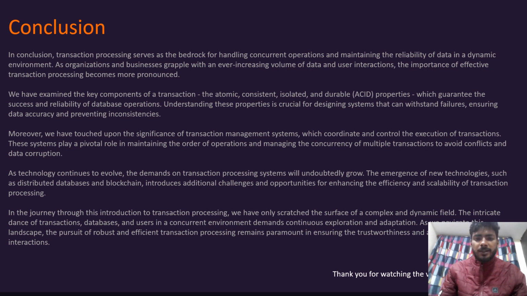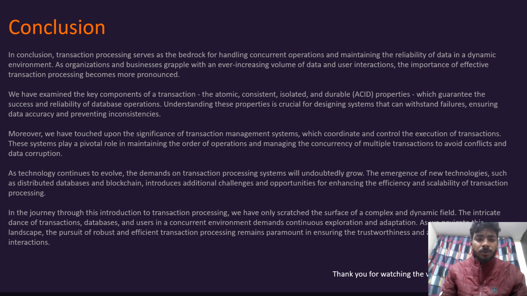Understanding the operations is crucial for designing systems that can withstand failure and maintain data accuracy while preventing inconsistencies. As technology continues to evolve, the demands on transaction processing will undoubtedly grow, and emerging techniques such as distributed databases and blockchain introduce additional challenges and opportunities for enhancing the efficiency and scalability of transaction processing.